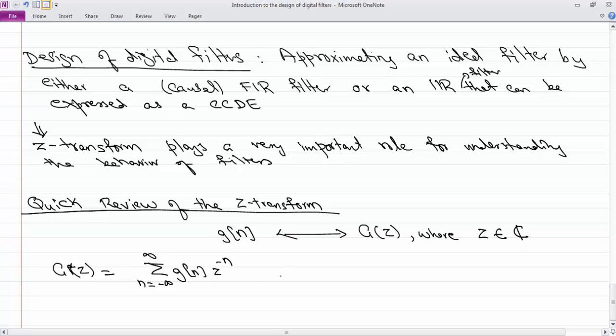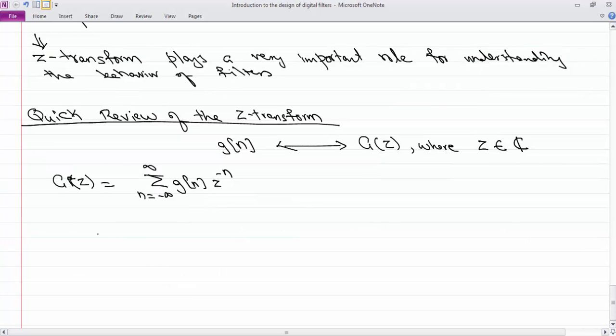Now this is an infinite sum. So whenever you get a Z transform expression, it is not just given by an expression in Z or Z inverse. There is also associated with it what's called the region of convergence, or ROC.